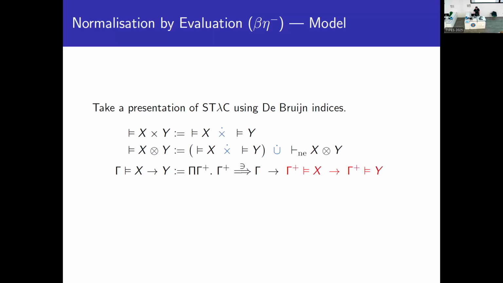And then for the function thing, it's a bit more complicated. We need two stages. So this bit on the right looks like a pointwise function with gamma plus as the argument.